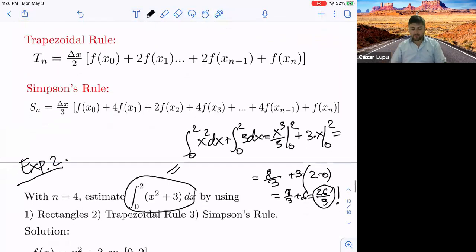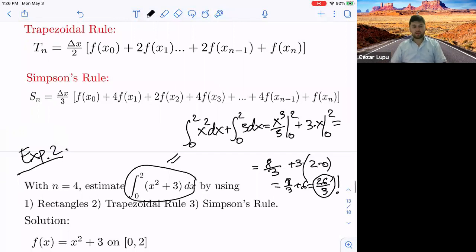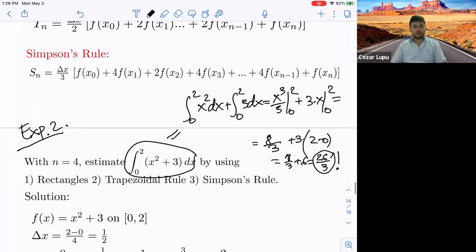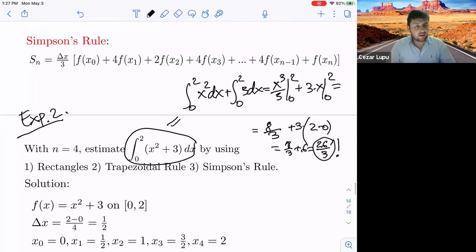All right, let's see. First, let me consider the function. Let's see who delta x is. Usually it's (b minus a) over n, but in our case, n is 4, so it will be 1/2. And now let's see the endpoints. We'll divide this into equidistant subintervals. So from 0 to 1/2, then from 1/2 to 1, then from 1 to 3/2, and then from 3/2 to 2. All right, great.